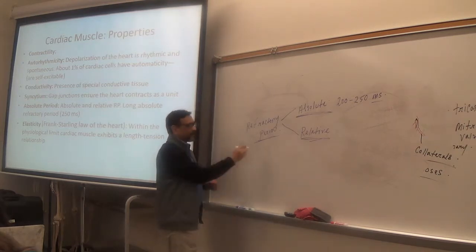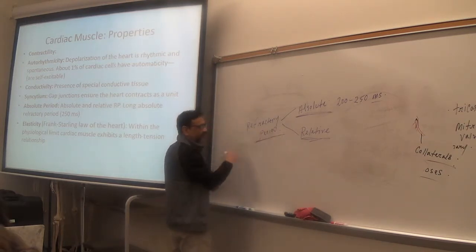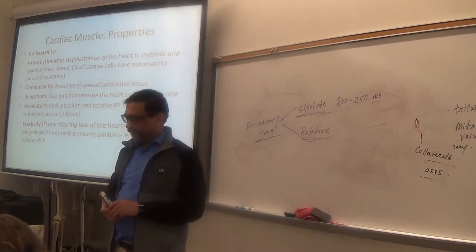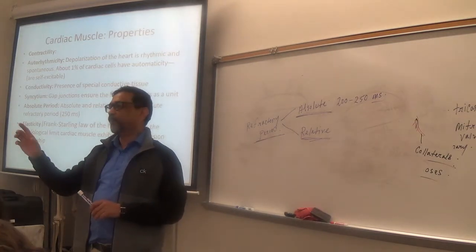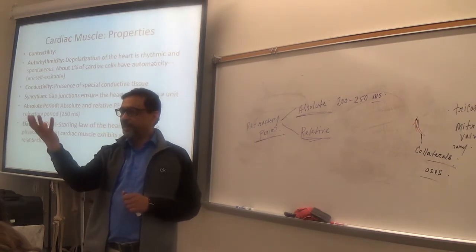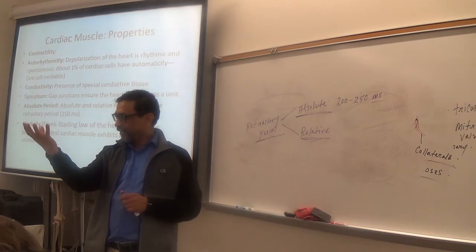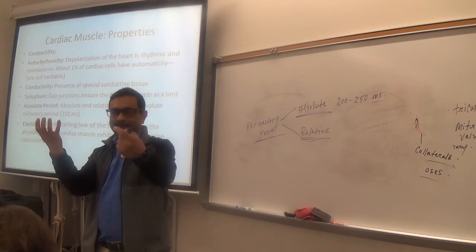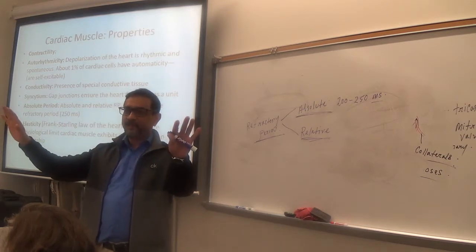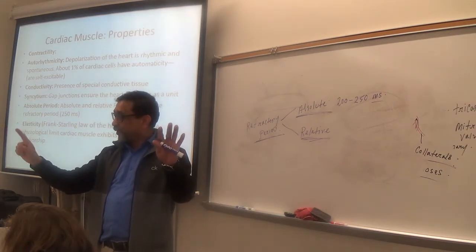First, know that refractory period is the time when heart will not respond to another stimulus during its contraction. Let me now show you. This is your heart. Heart is contracting, okay? And if I give another stimulus from outside, heart will ignore it. Make sense? Which is very important.